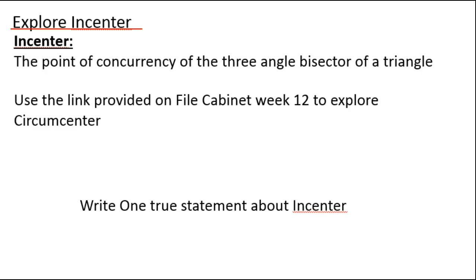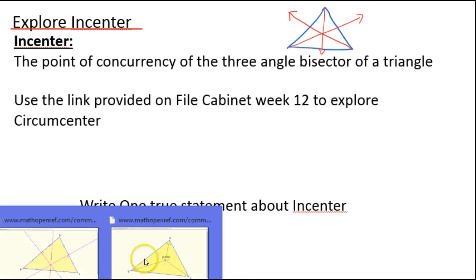So to draw a picture roughly, if I have any kind of triangle, I can bisect one angle of it, there's my bisector, bisect the other angle, and then bisect the top. Where they all meet is where the incenter is. There it is. So let's explore these properties and see if we can write one true statement about an incenter.